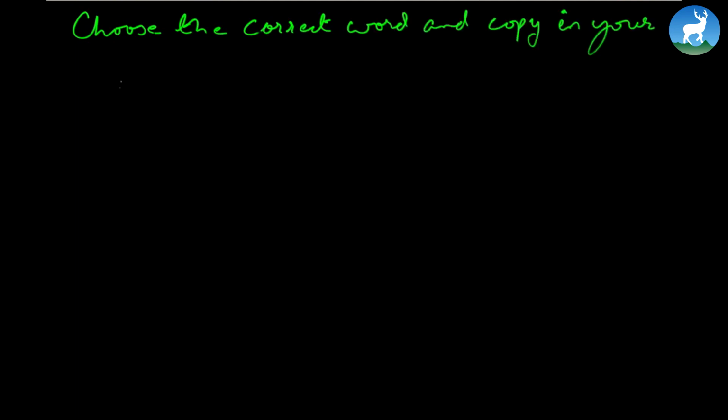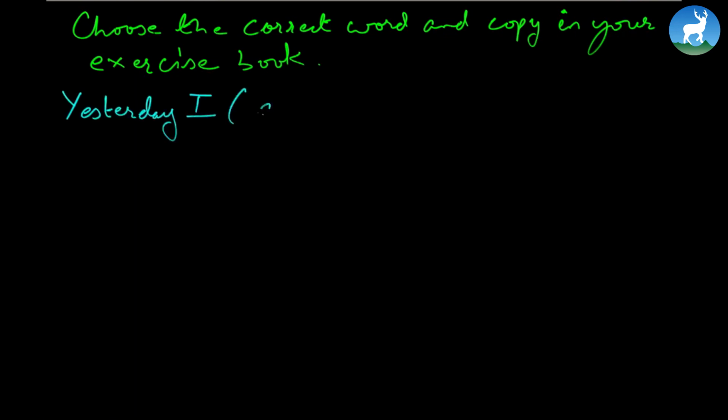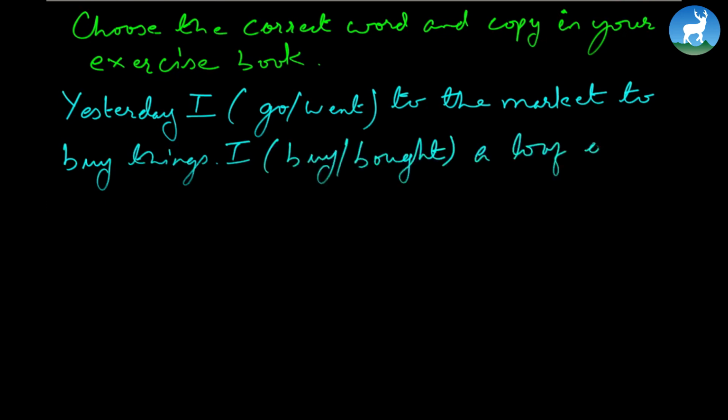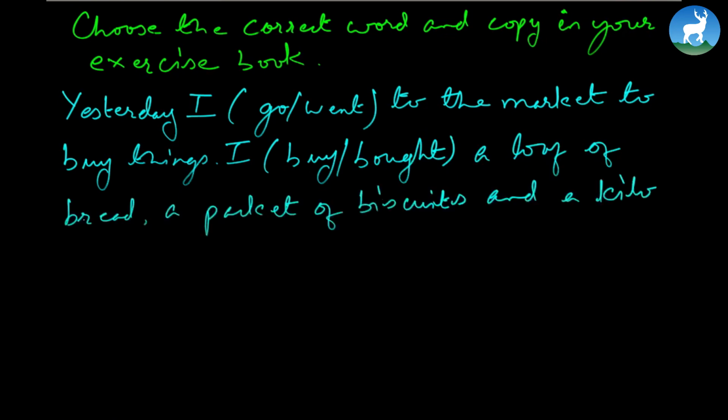Now choose the correct word and copy into your exercise. Remember what I've said? We are following simple past here, only simple past, V2. An event that had happened in the past. Now let's be precise here. Yesterday, for the options you have, go and went, to the market to buy things. Again, you have options, buy and bought: I bought a loaf of bread, a packet of biscuits, and a kilo of sugar.